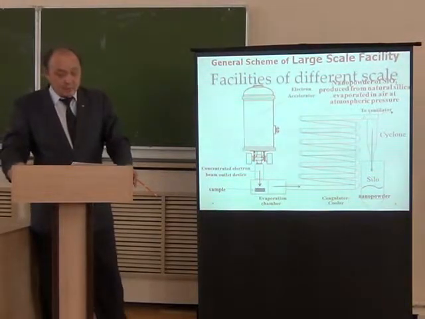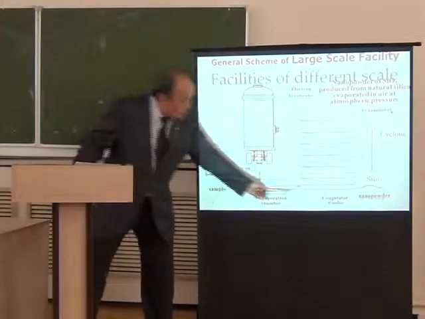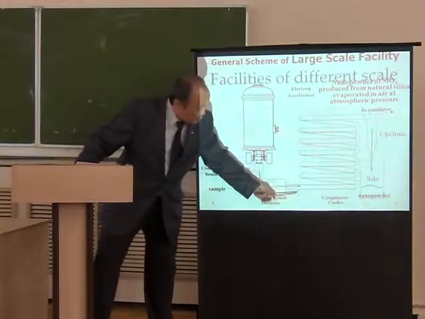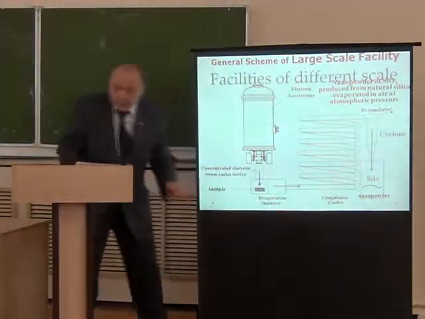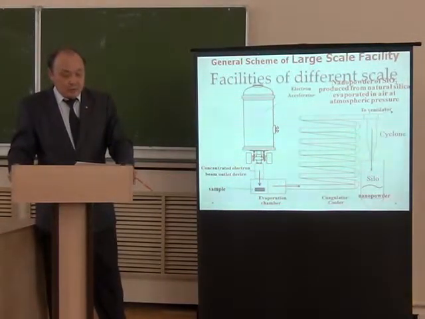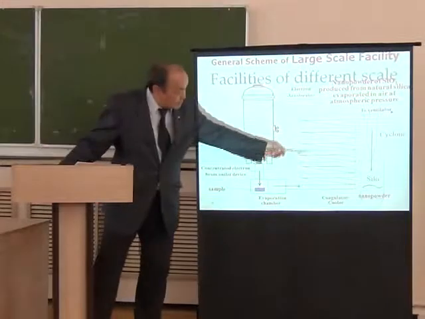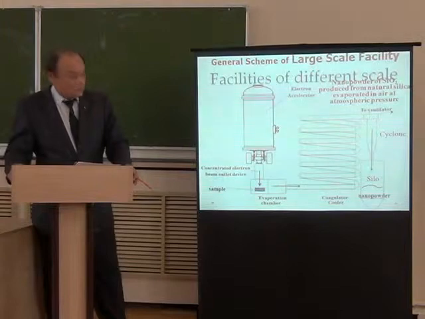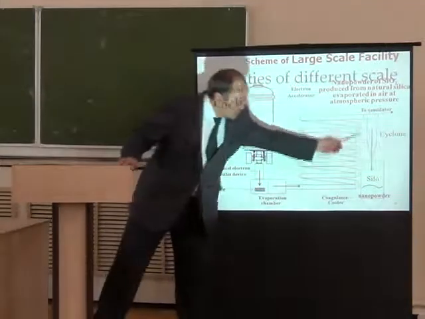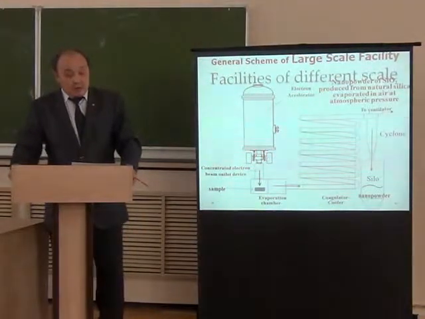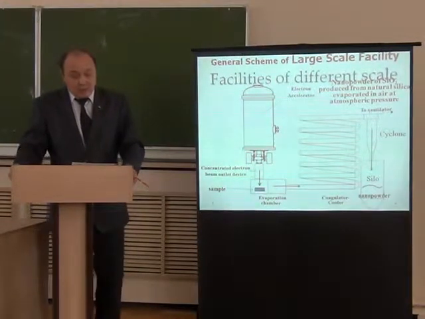Vapors of the sample move in the long tube. The name of this long tube is coagulator cooler. The vapor is coagulated in this tube and transformed into nanopowder. Nanopowders are collected in the cylinder.